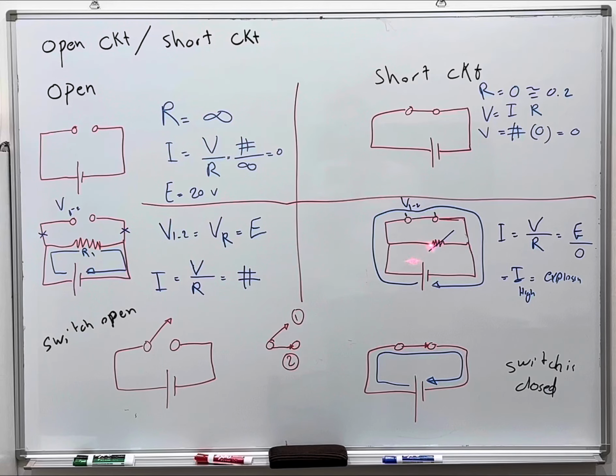In some cases, if you do it this way, they will call it a short circuit, and that's why we said a short circuit can lead to an explosion. In this case, there will be an explosion unless we put some resistance between this terminal and this terminal to stop the current from becoming very high.